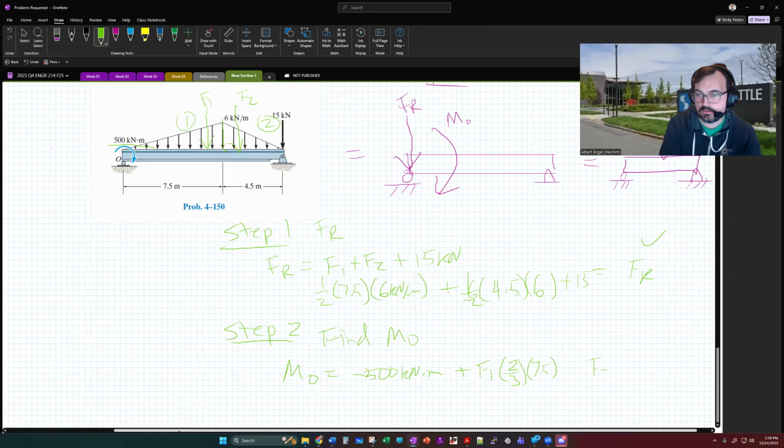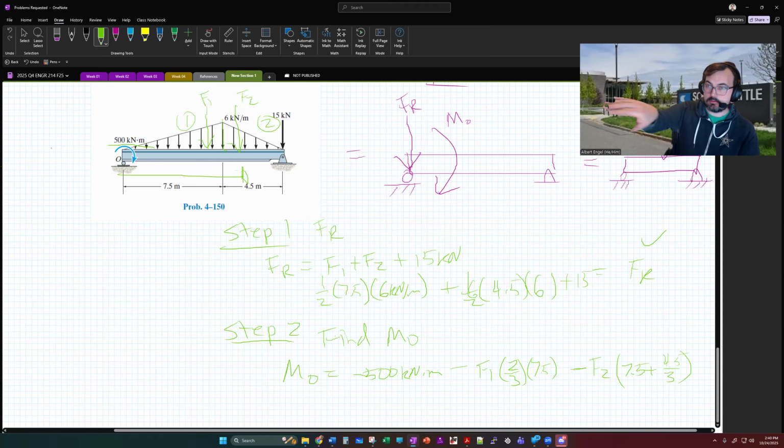And F2, we'll talk about the sign in just a second, is going to be the 7.5, this distance here, the 7.5 plus 1/3 of 4.5, so 4.5 divided by 3. Both of these are going to be negative as well because they're going in the same direction.